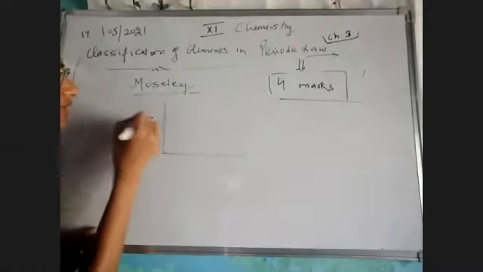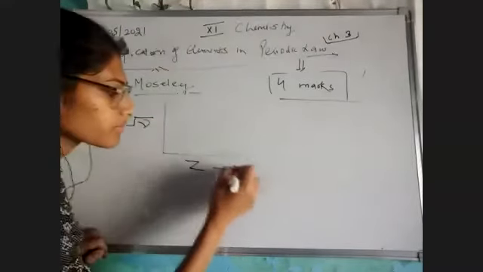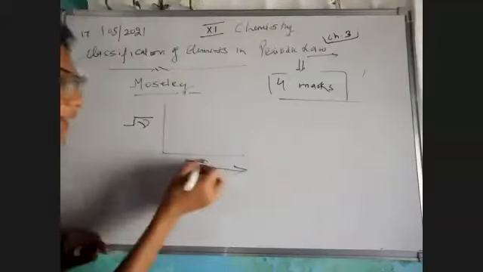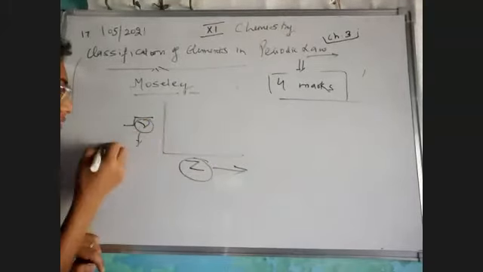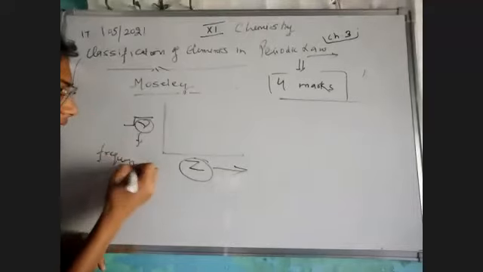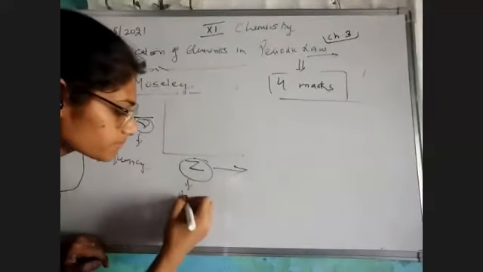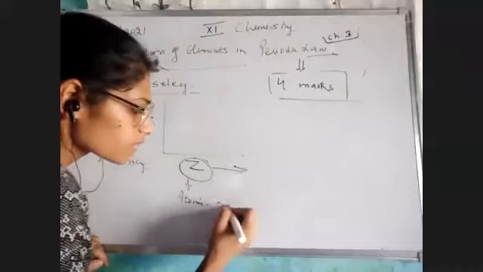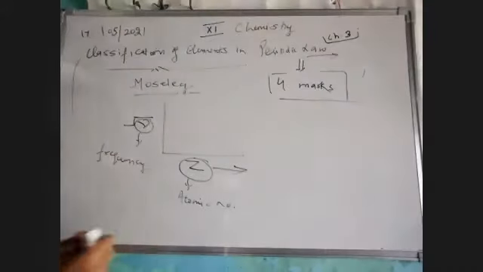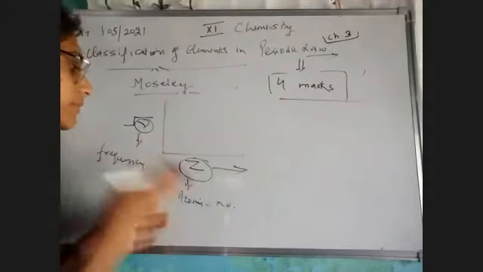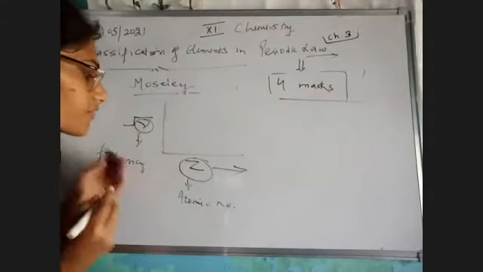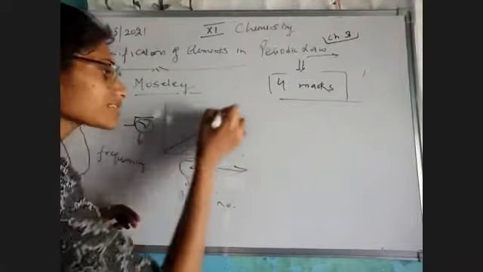So basically he told us, as in the last chapter you came to know about Z as well as nu, where nu is frequency and Z is atomic number. He took an experiment and came to know that whenever we put a relationship between nu and Z, we get a straight line.